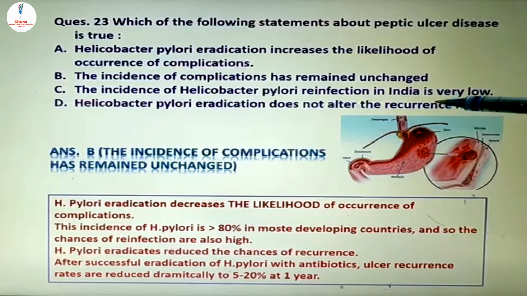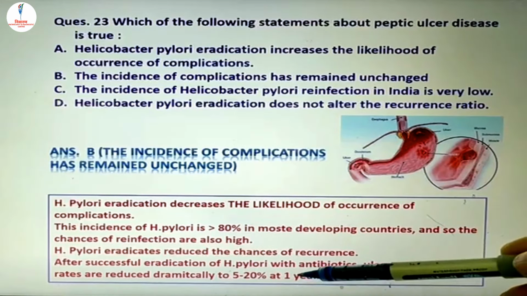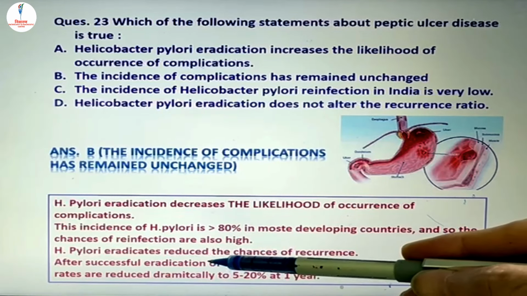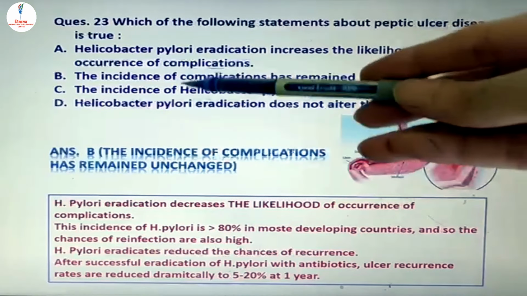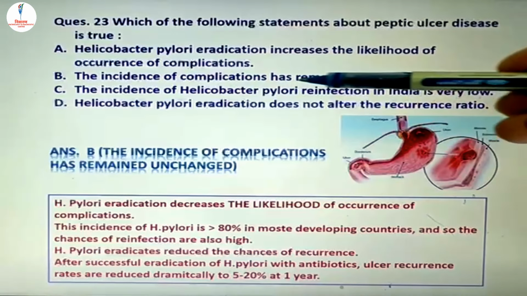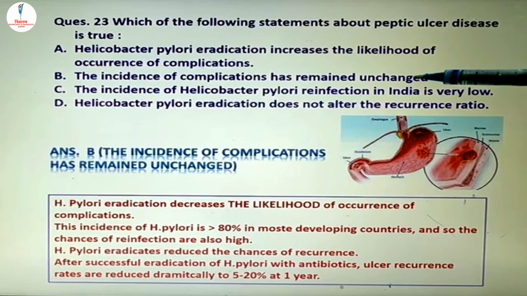Wrong, it alters the recurrence ratio. Again, I will read this: after successful eradication of H. pylori with antibiotics, ulcer recurrence rates are reduced to 5% in a year. So the answer will be B, the incidence of complications has remained unchanged.